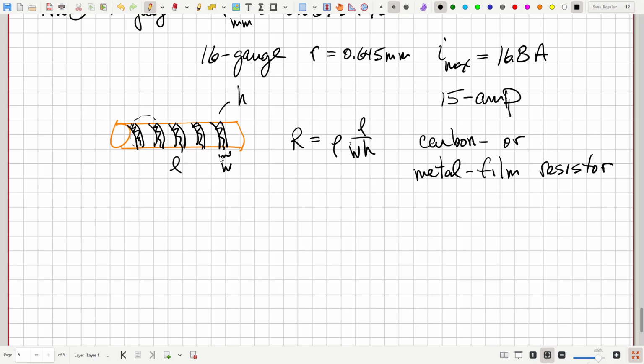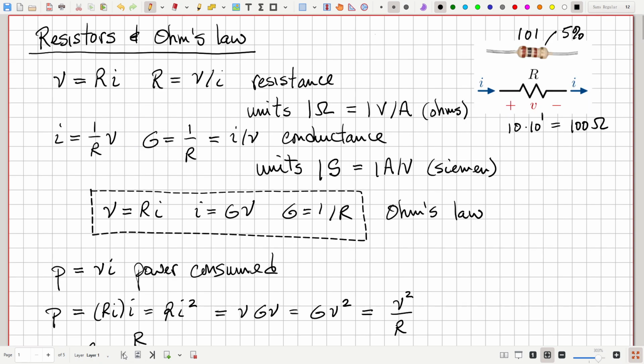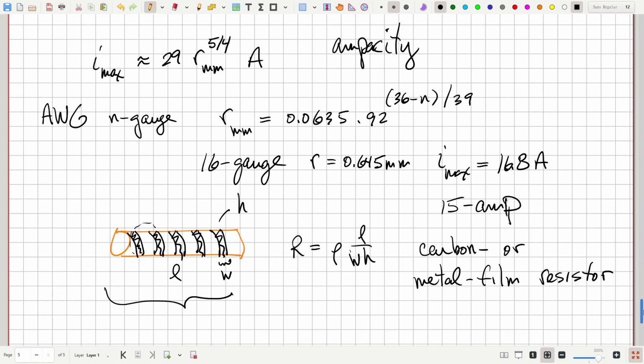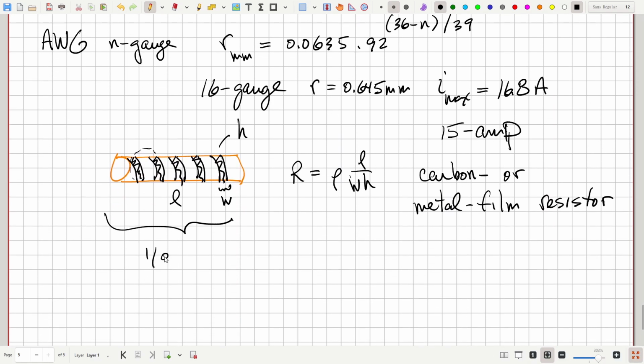Now, this would also have an ampacity, usually defined in terms of a power rating. So if we go back to the very first here, this little resistor here is a 1/8 watt resistor, which is very common for resistors used in electric circuits.